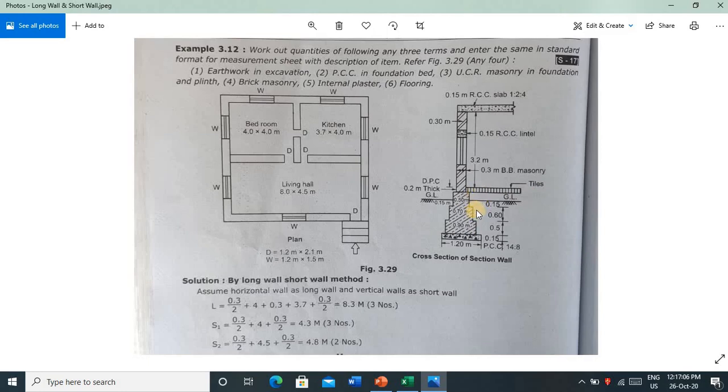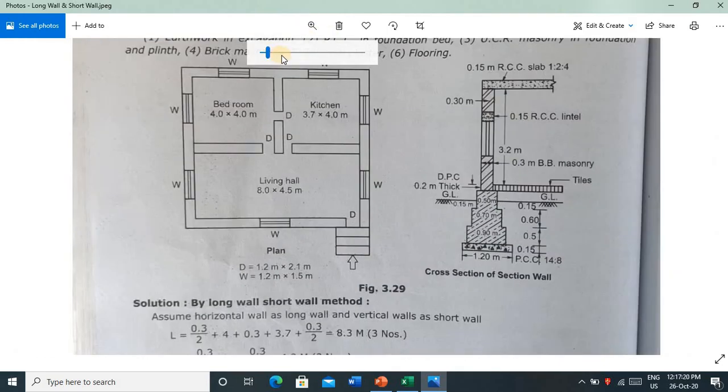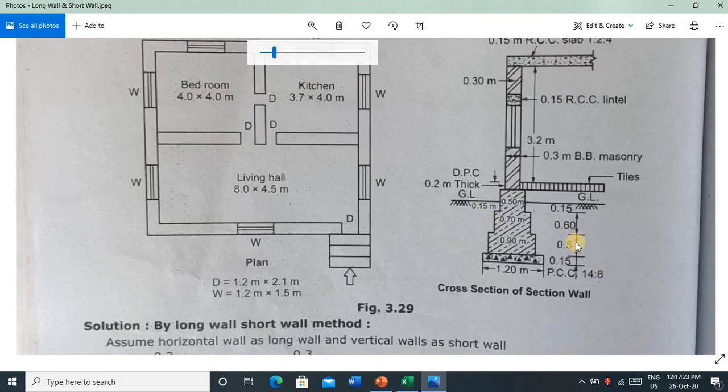So the UCR masonry is given in 3 steps. This is step number 1, this is step number 2, and this is step number 3. Okay, so if we zoom in a little bit, you will see the width.